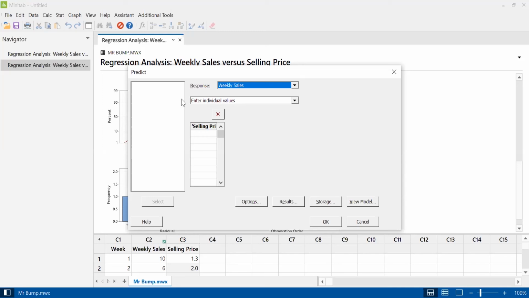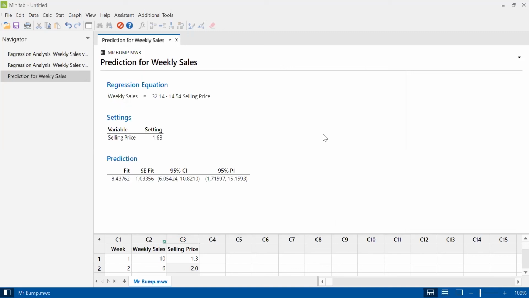And the response variable is still weekly sales. What we need to do is to specify the selling price. We need to tell Minitab what value of X we want to use for the prediction. It is $1.63, so we type in 1.63. And click on OK. There we go.